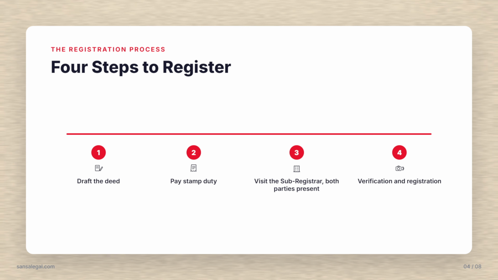Third, visit the Sub-Registrar's office for the area where the property is located. Both donor and donee must be present, or authorized representatives with a valid power of attorney. Fourth, the Sub-Registrar verifies identities, takes photographs and thumb impressions, and registers the document.